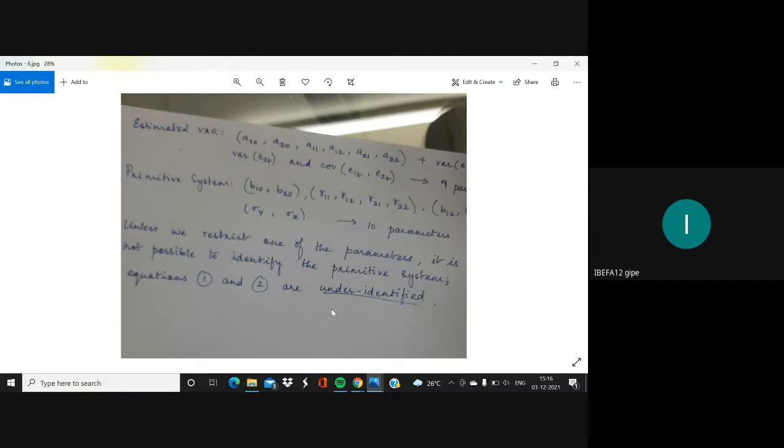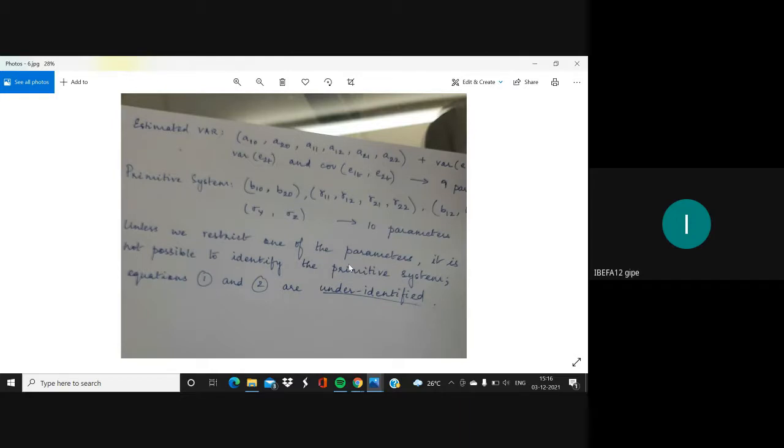So it is necessary for us to actually restrict one of the parameters in the structural model so that we can identify the primitive system. When we say identify, we mean: can you actually recover unique estimates of the structural parameters from the estimated VAR model, which is the VAR model in the standard form?